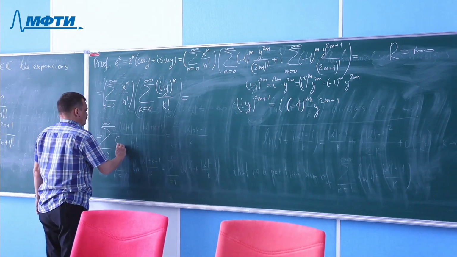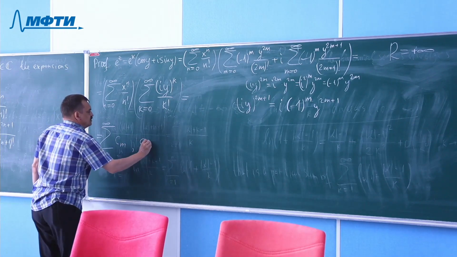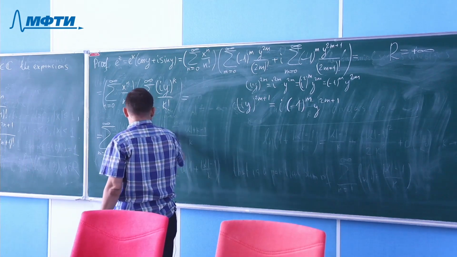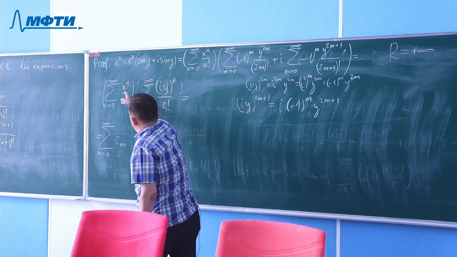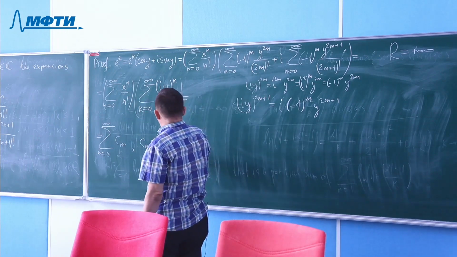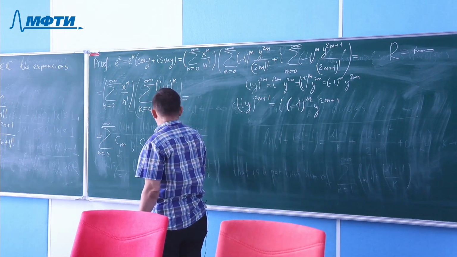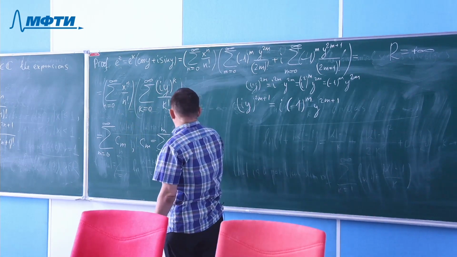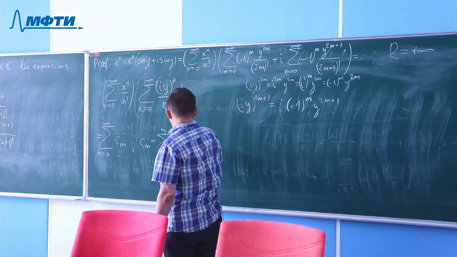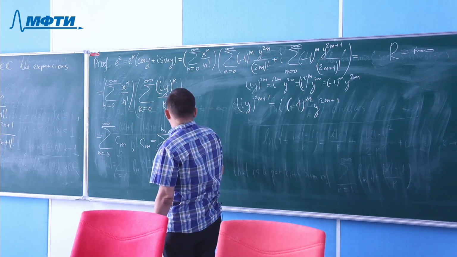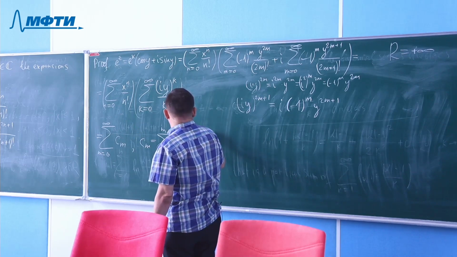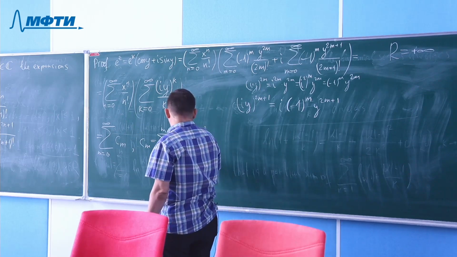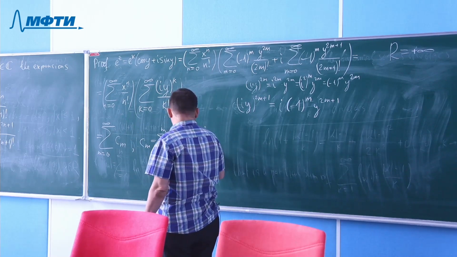Here, Cm, where Cm is the sum, let's say j from 0 up to m. We should take the jth term x to the power j over j factorial from here, and term number m minus j from the second one. So i y to the power m minus j over m minus j factorial.